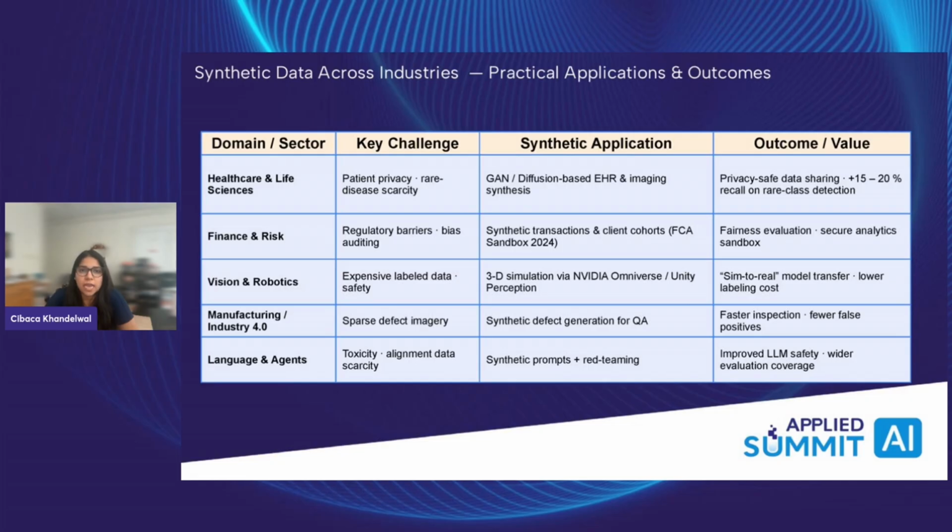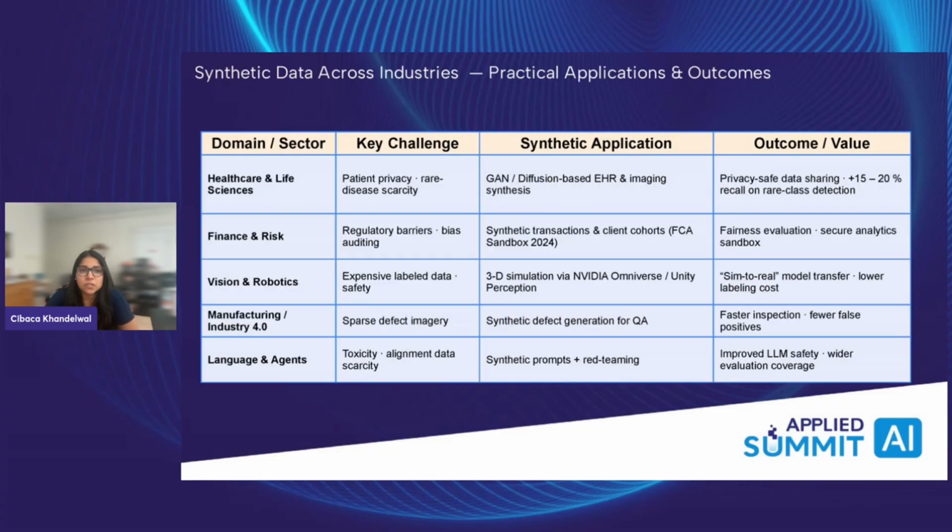NVIDIA Omniverse and Unity Perception are the most common simulation platforms which have been used. And this focuses on simulation to real model transfer. So AI models are developed on both real and simulated data, and they use the concept of transfer learning, which in turn helps us to lower the labeling cost.